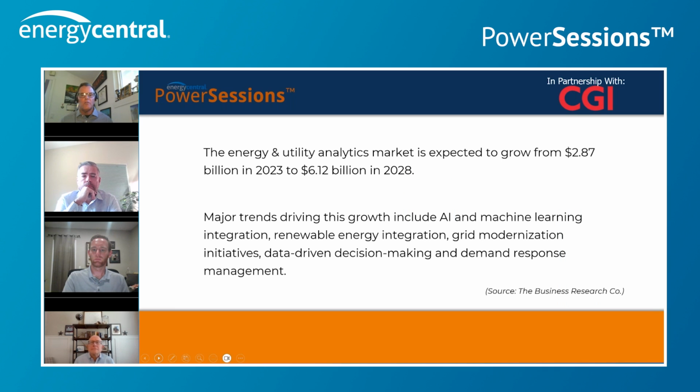So what does all this mean? We're going to talk a little bit about that. Obviously, it's a big market, but it's not just that it's a big market with billions of dollars being spent and the growth happening, but there are some very specific things that add business value to what utilities are doing, particularly as utilities go deeper into this energy transition. We're going to hear things today about AI and machine learning.